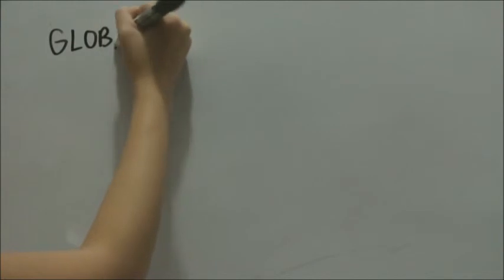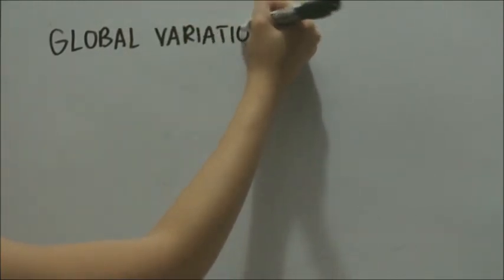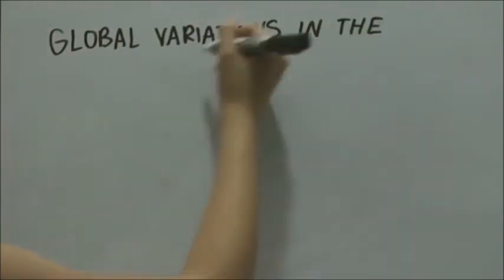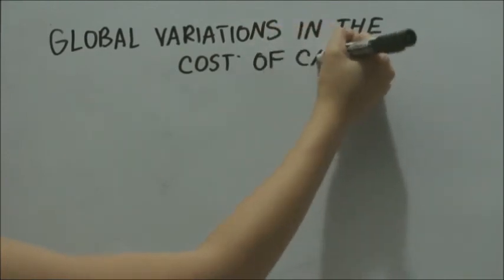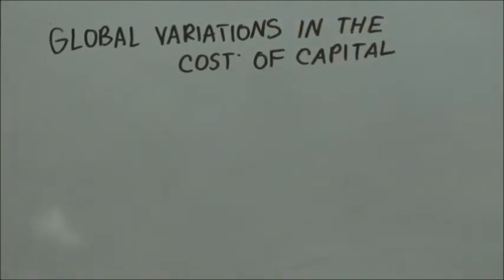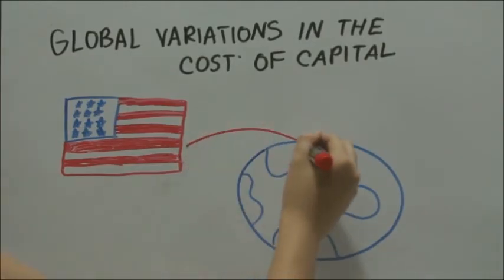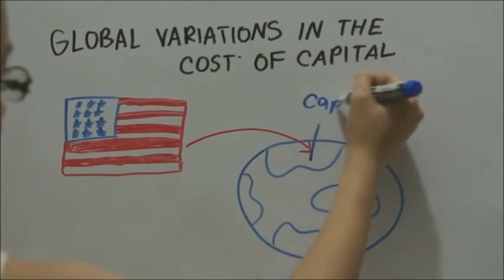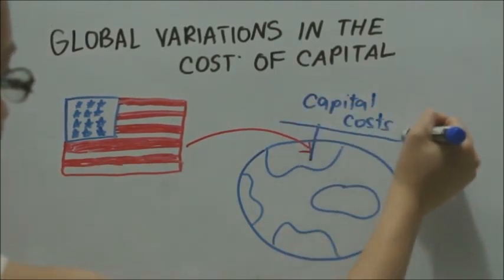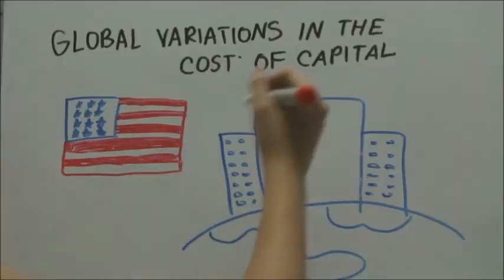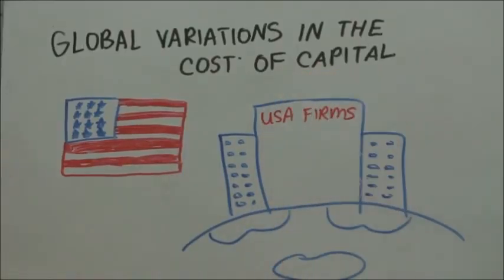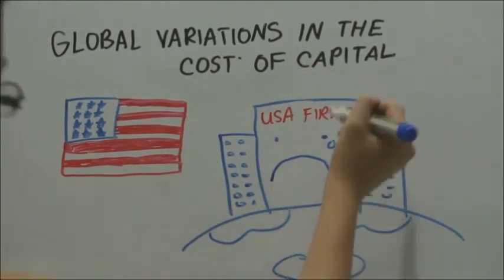We will now look at some global variations in the cost of capital. For US firms to be competitive in world markets, they must have capital costs similar to those their international competitors face. In the past, US firms were at a disadvantage.